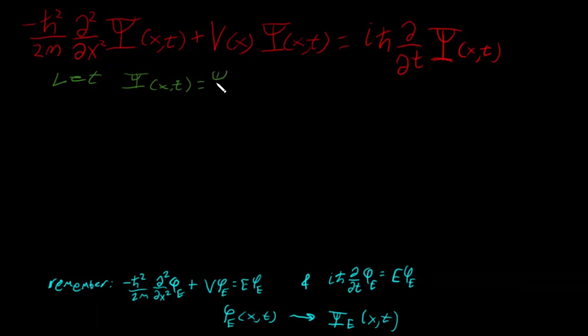It could be a function of x times a function f of t. Now I just want to look at what would happen if this equation could be written like this. Well, now let's plug this back into our original Schrodinger equation. We have negative h bar squared over 2m d squared by dx squared.